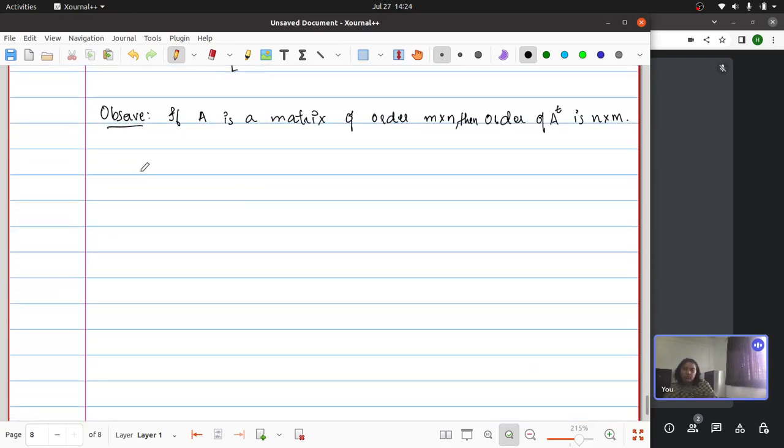Okay. So, one more definition. So, we will define two kind of matrices.